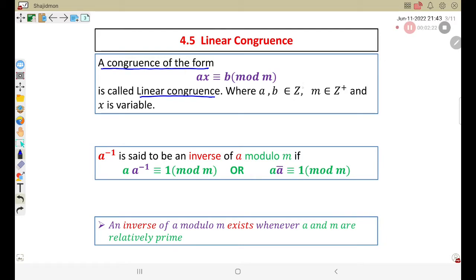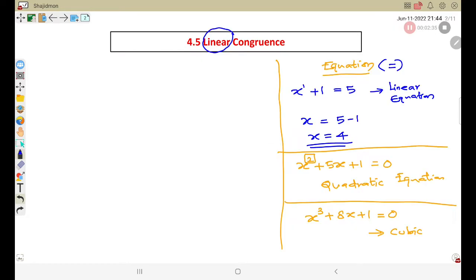Here a, b are integers, Z means integers, m is a positive integer and x is a variable, correct? From this we need to calculate what x is, the solution of that linear congruence.